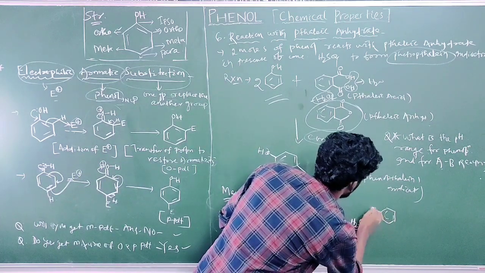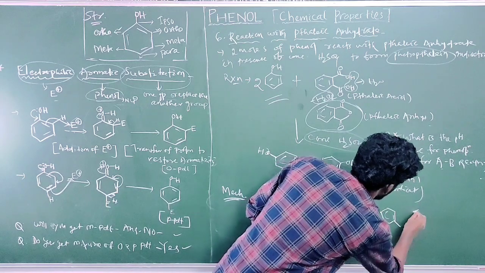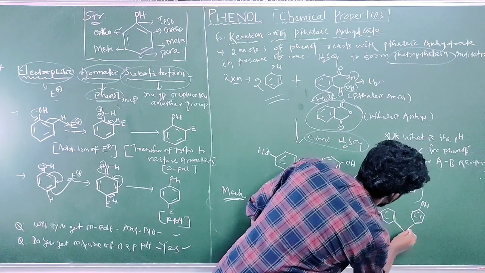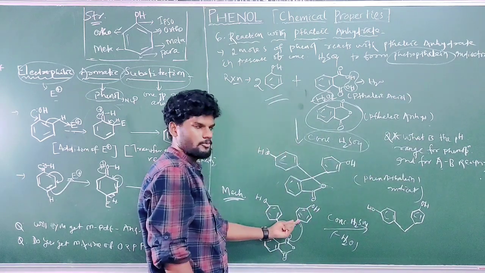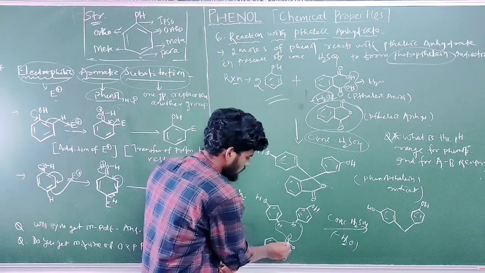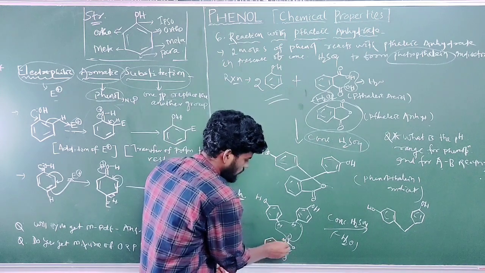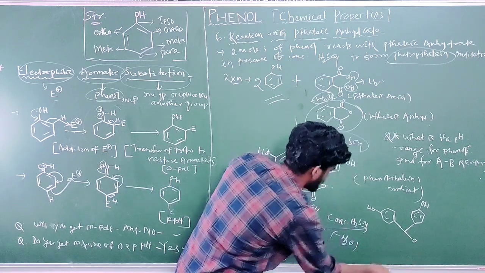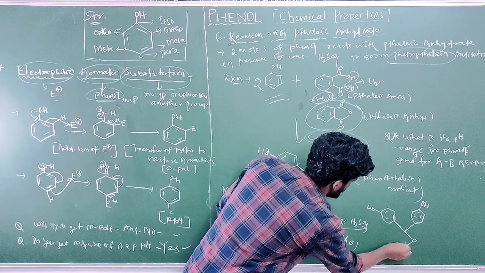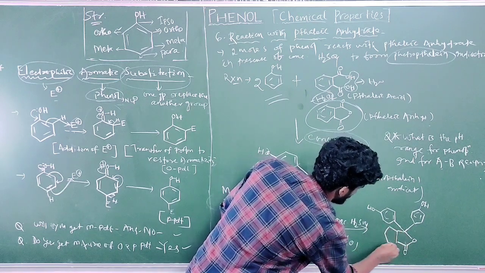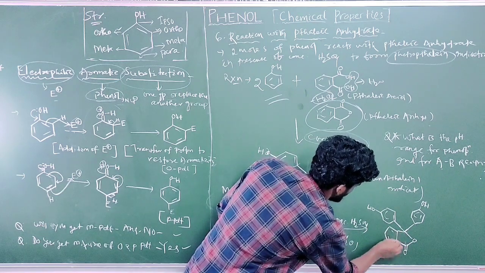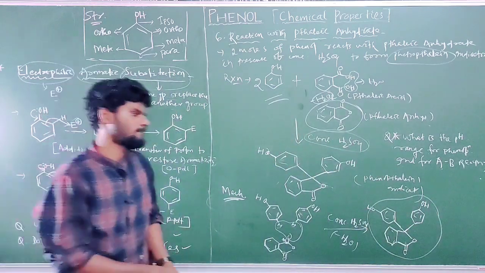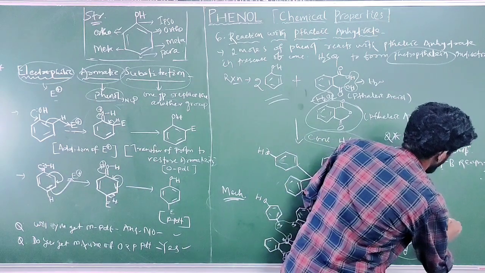Again I am drawing OH, and here the other OH attached to these two bonds. Now this para position is attached to this carbon, which I am marking with an asterisk. This carbon is attached to this carbon oxygen, and on this side C double bond O, and here benzene ring one. This is the phenolphthalein indicator, so write phenolphthalein indicator.